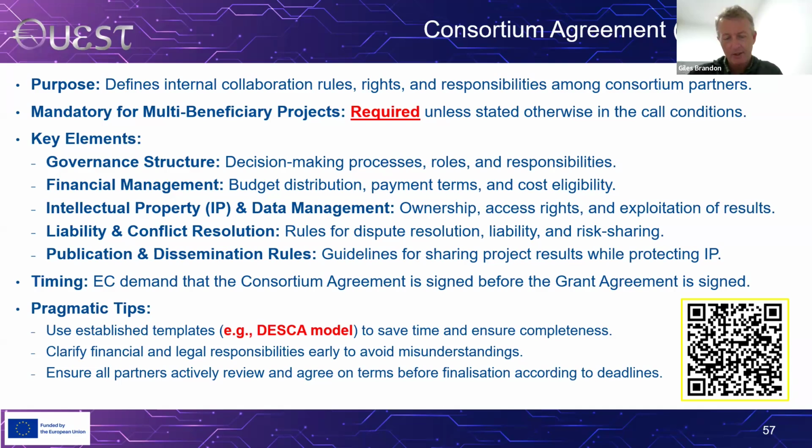When you're preparing it, or your administrative people are preparing it, you need to, of course, involve the administrations and the other partners. This can at times be a little bit time consuming because of the reviews they need to do.